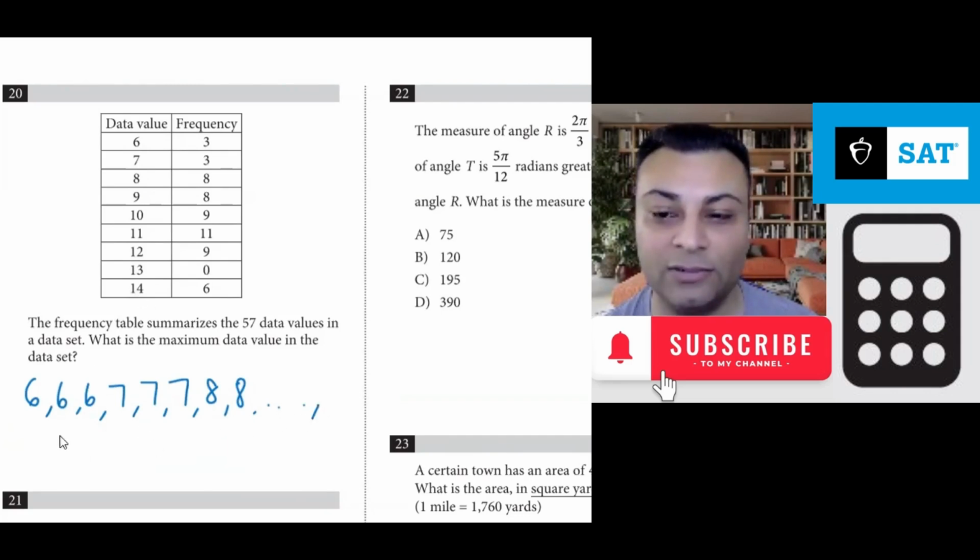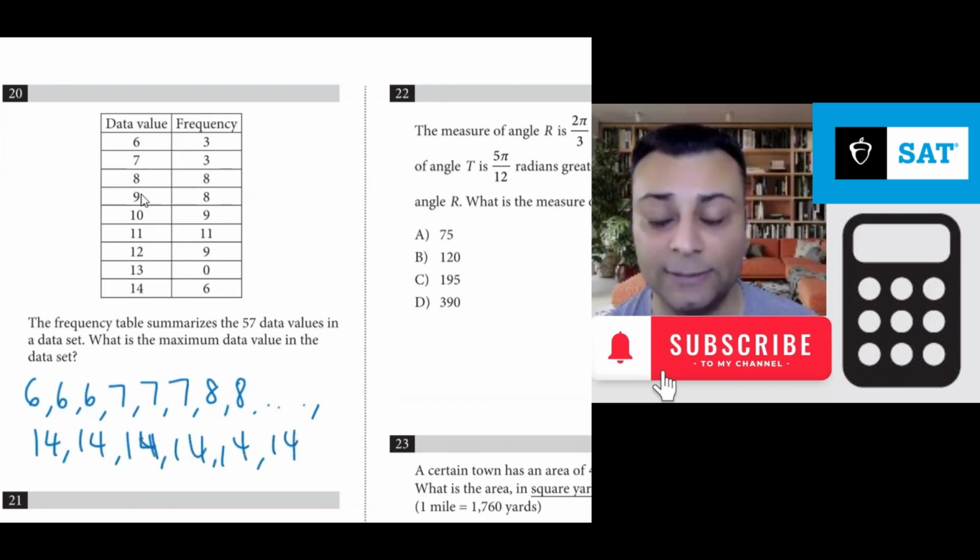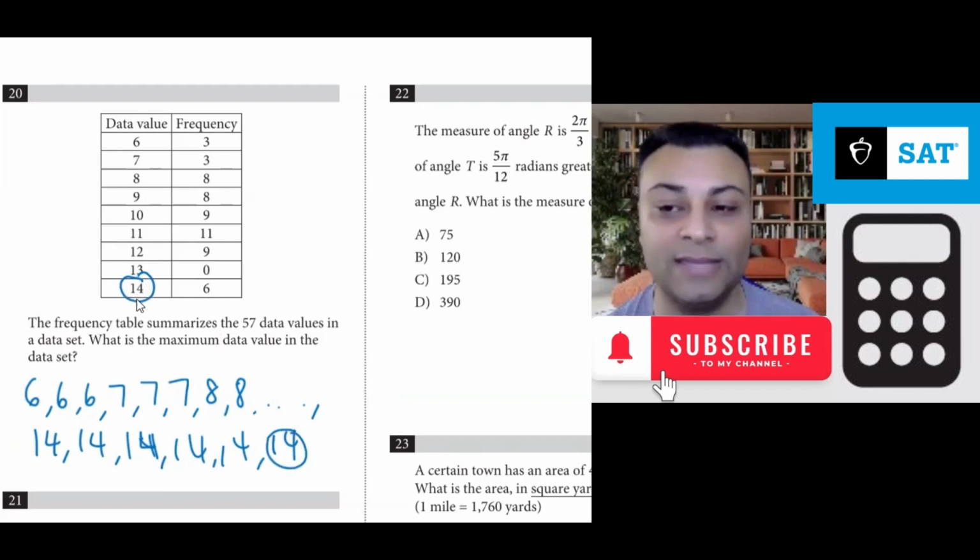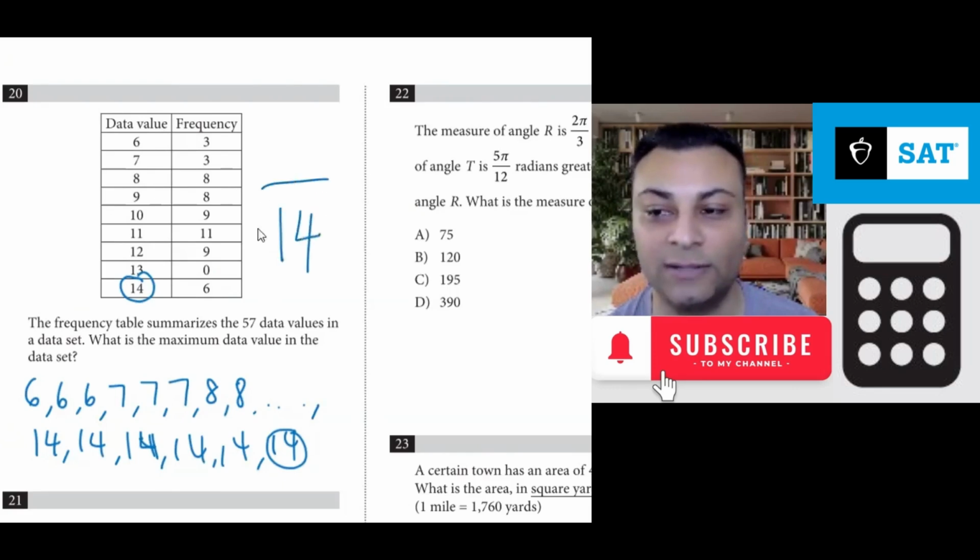So the end of the data set will be 6 14s in a row. And that's the culmination of the entire data set. But all they're asking for is the largest number you see, which is the 14. It occurs 6 times, and that is the largest one out of all that we see. So the answer is simply 14.